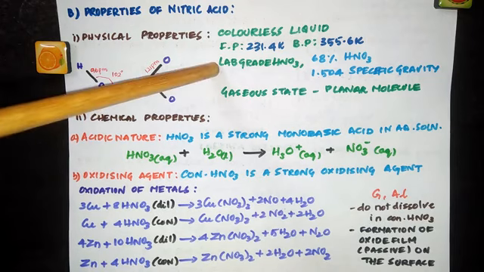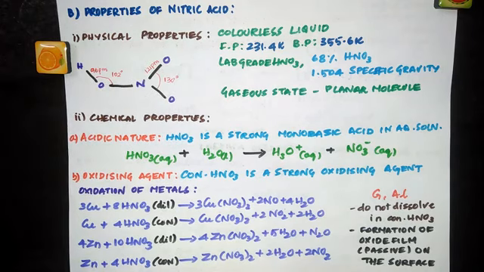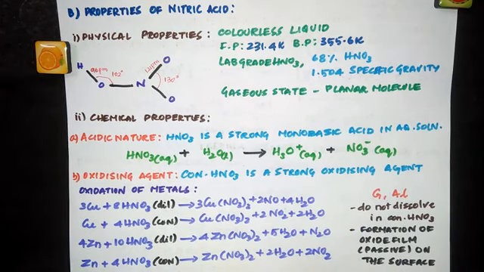So lab grade HNO3 has a specific gravity of 1.504, and in the gaseous state, nitric acid exists as a planar molecule. Look at this structure. This is a planar molecule. A planar molecule means all the atoms of that particular molecule lie in the same plane.